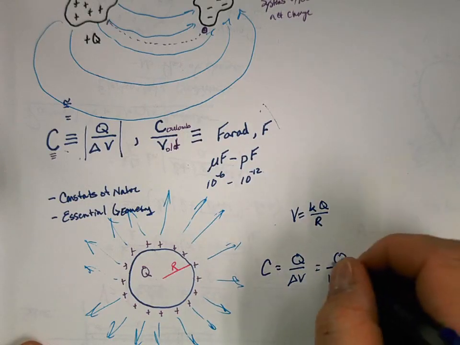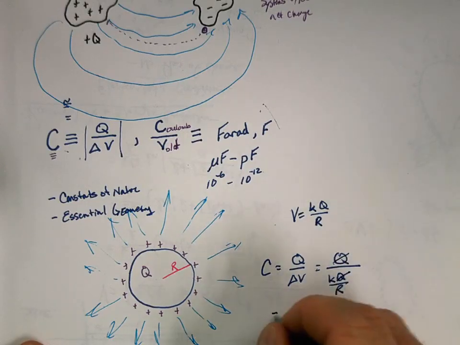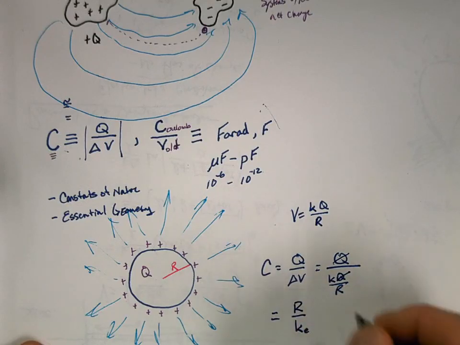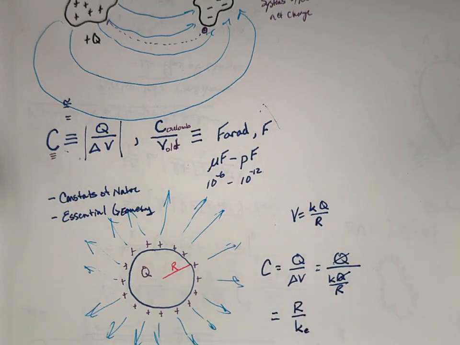Our Q's will cancel, and this becomes R over K. Now, what is the only variable that can change when you're talking about the size of a sphere? It's the radius. It is the defining size characteristic. In fact, it's the only defining measurement whatsoever of a sphere. Everything is based on the radius.